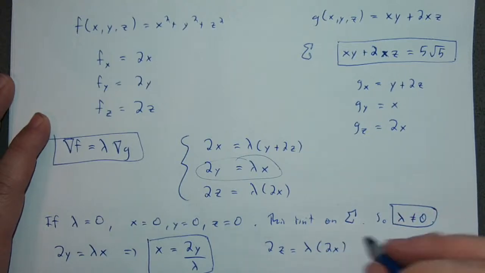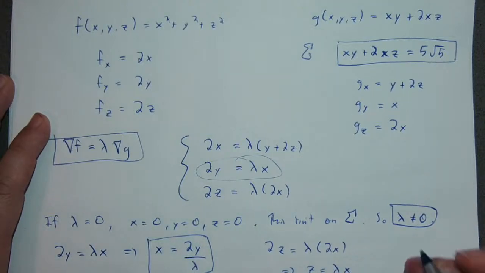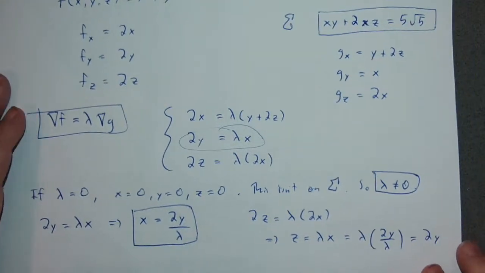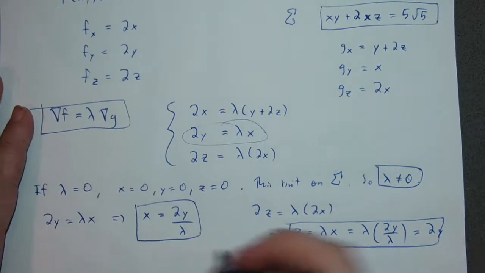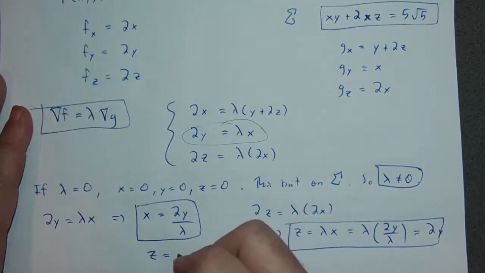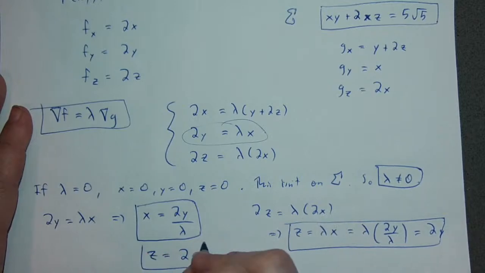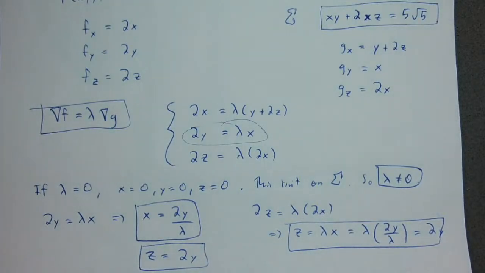I can get rid of the 2's, so this means that 2 is equal to lambda times x, but x is 2y over lambda, so this is lambda times 2y over lambda, so this is 2y. So z is equal to 2y. All right, maybe I'll rewrite that here to make it easy. z is equal to 2y.